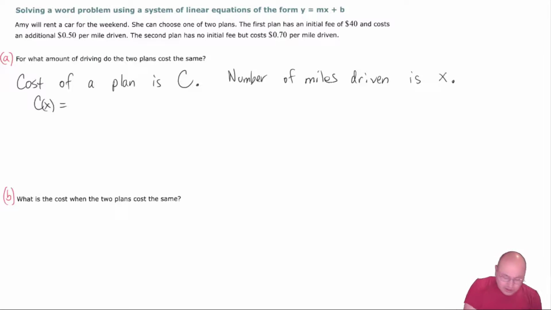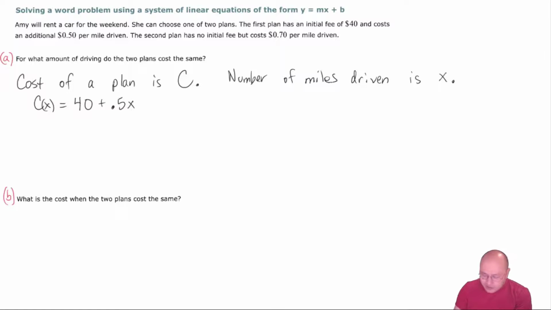So that's simply a fixed cost of $40 plus 50 cents per mile driven. So that's half an x, or 0.5x, 0.5 times x. Because remember, x is the number of miles, right? If you've driven 3 miles, then you multiply 3 times 0.5 and you get $1.50. So that really makes sense.